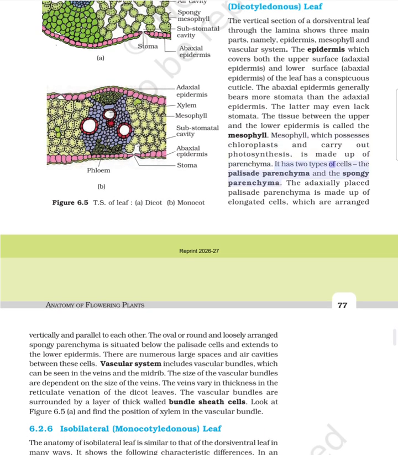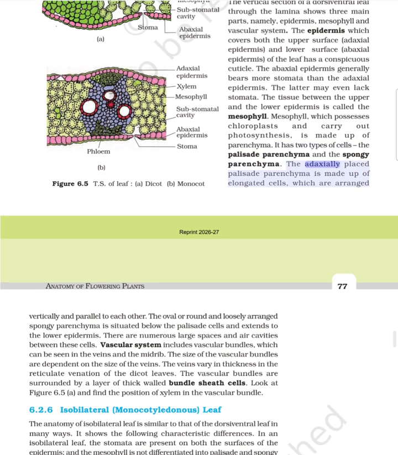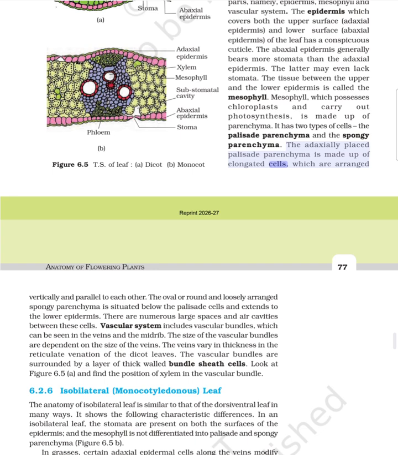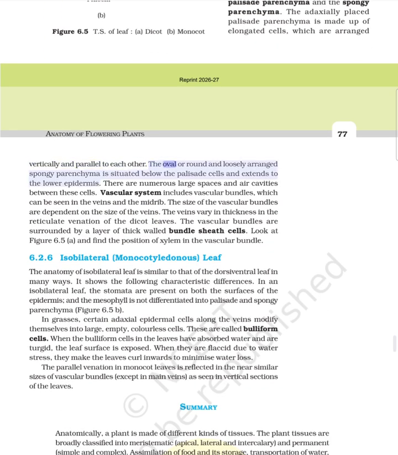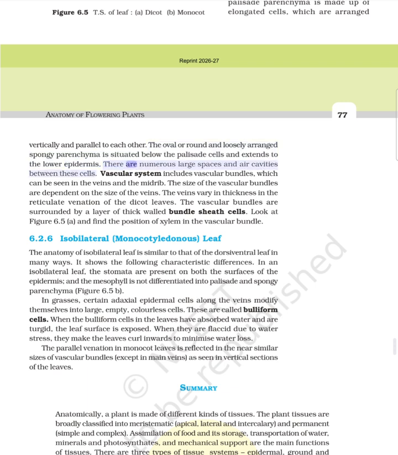It has 2 types of cells, the palisade parenchyma and the spongy parenchyma. The adaxially placed palisade parenchyma is made up of elongated cells, which are arranged vertically and parallel to each other. The oval or round and loosely arranged spongy parenchyma is situated below the palisade cells and extends to the lower epidermis. There are numerous large spaces and air cavities between these cells.